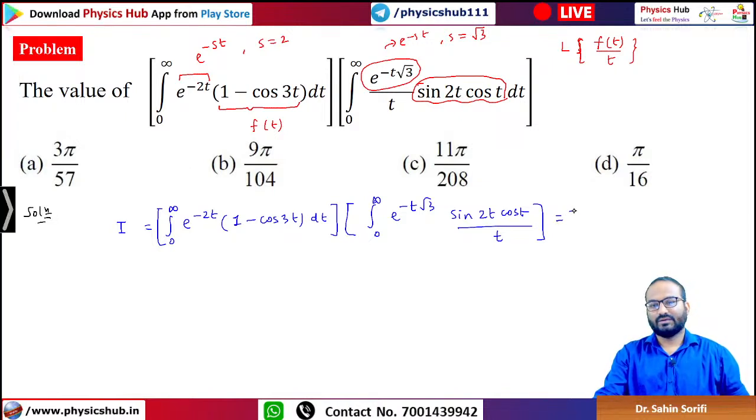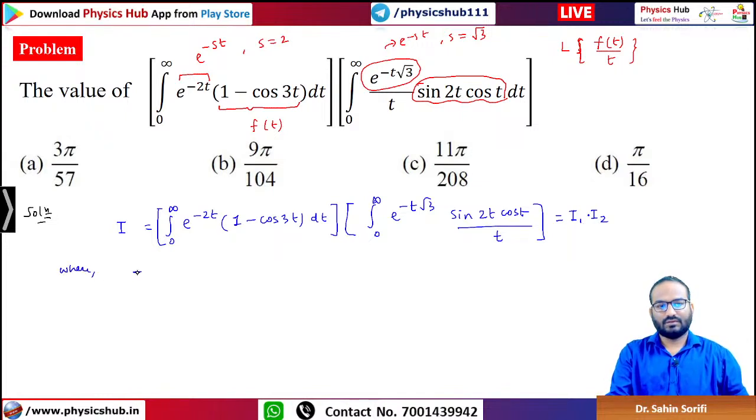So we will calculate I1 and I2 separately, where I1 is the first term and I2 is the second term. So I1 is the integral from 0 to infinity of e to the power minus 2t times 1 minus cos 3t dt.